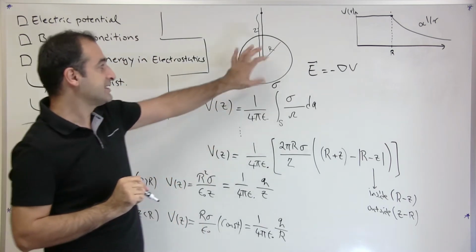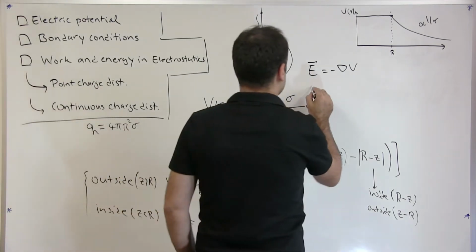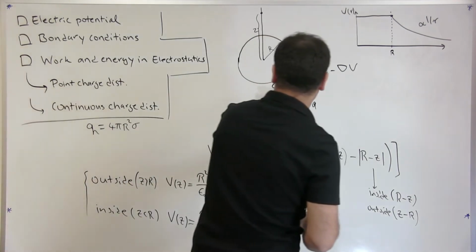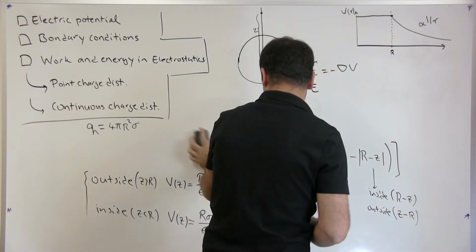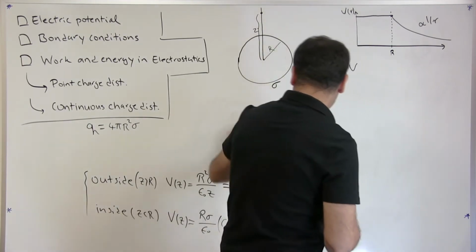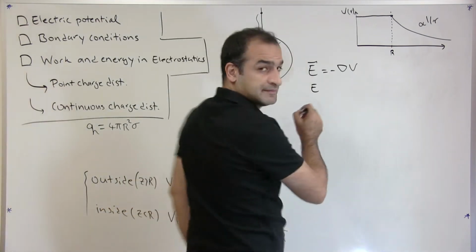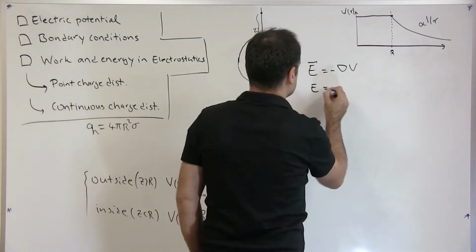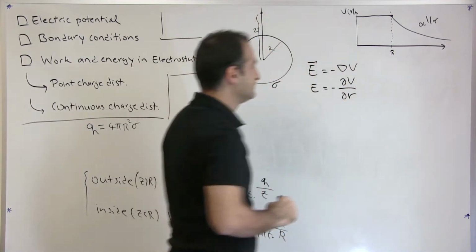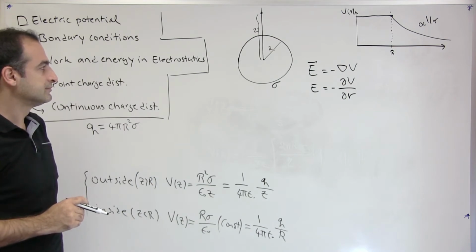And for these cases that we have complete spherical symmetry, the electric field is negative of dV over dr. Looks good?